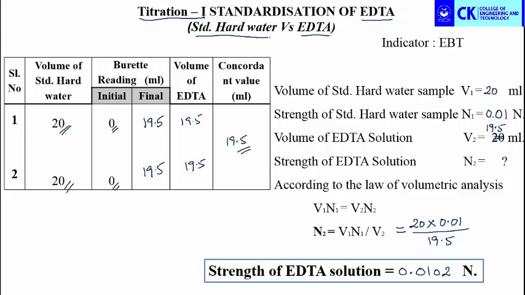So from titration 1, we have calculated the strength of EDTA solution from the known strength of standard hard water. Hereafter the EDTA is going to be called standard EDTA, because we identified the concentration of EDTA solution as 0.0102 normality.